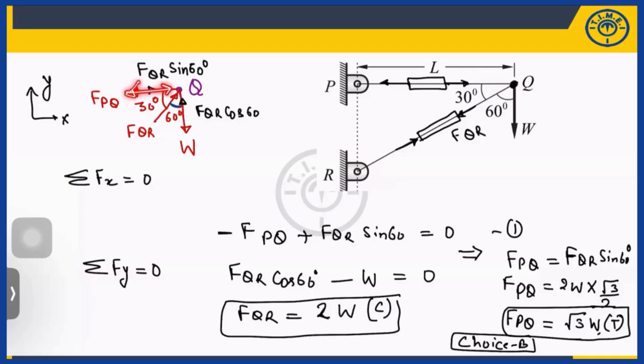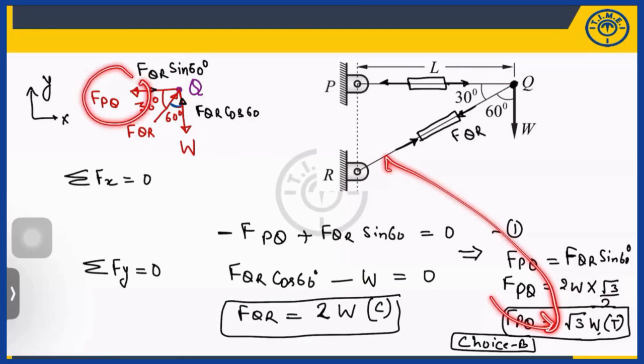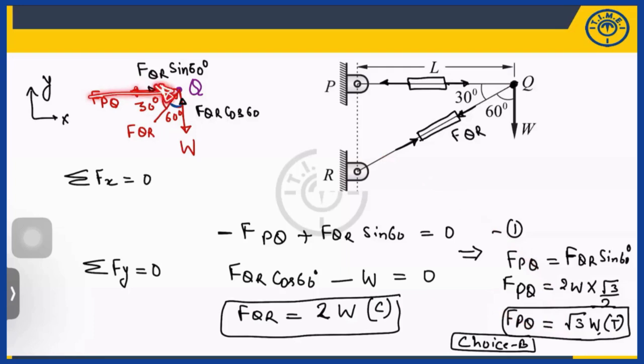This one, you can consider rightward also. If you consider rightward, then you will get this FPQ automatically negative. I have told you, you can consider any direction. Once the answer comes, that will clearly indicate your assumption, that means whether the direction you have assumed is correct or not. For example, if you are considering this direction, this is positive.